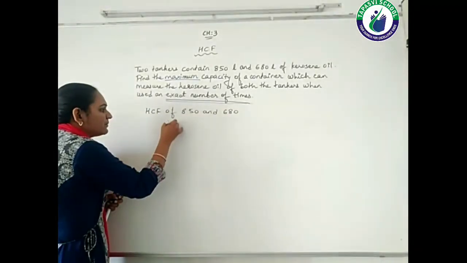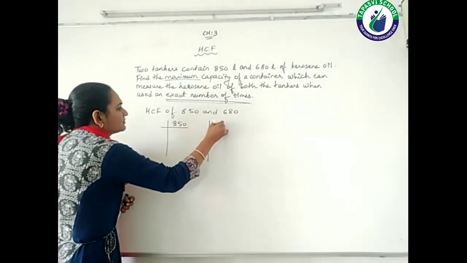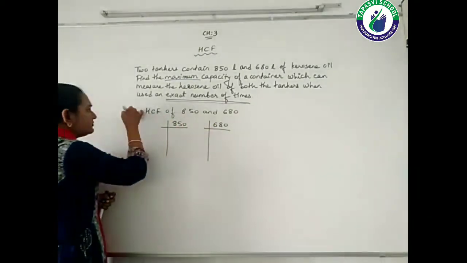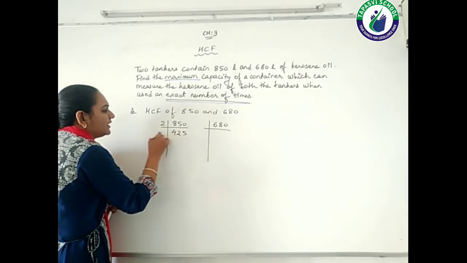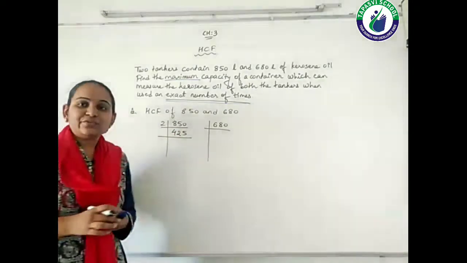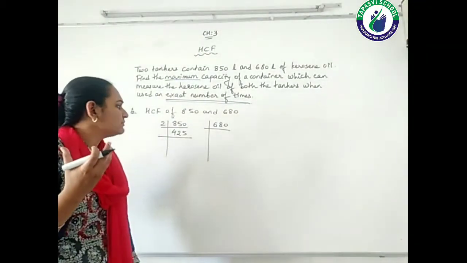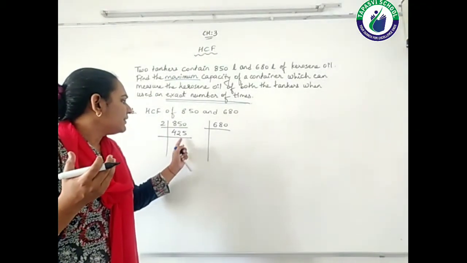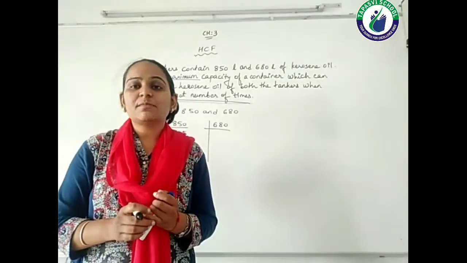So we will go with the prime factorization method. 850 divided by 2 is 425. 425 can be divisible by 5. It cannot be divisible by 2.